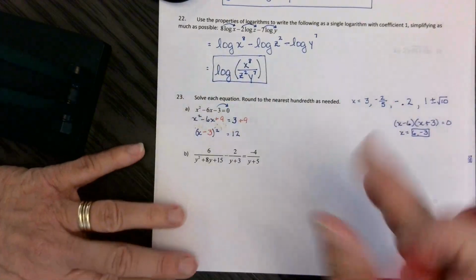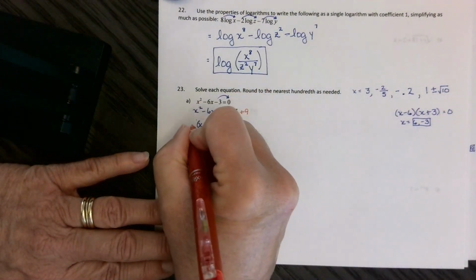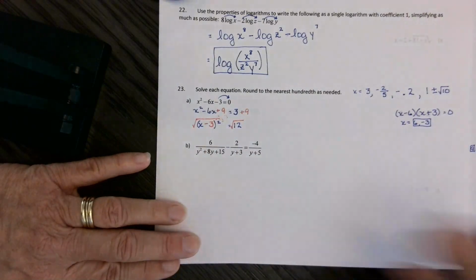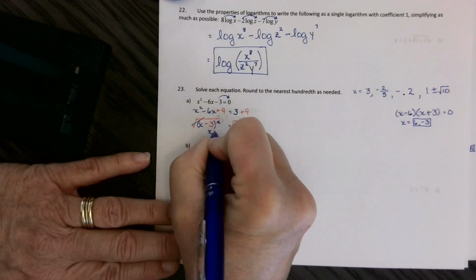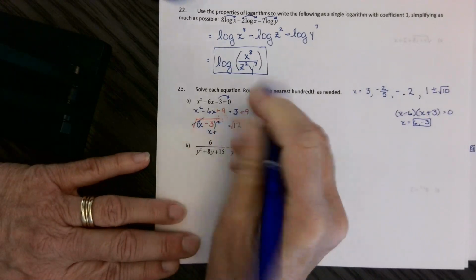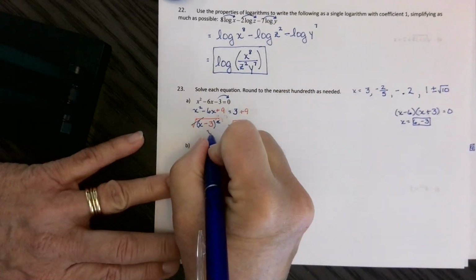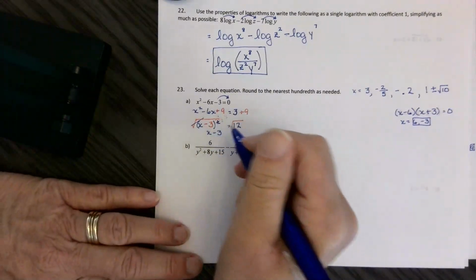The square root property says the opposite of square is square root. So I'm going to take the square root of both sides. When I do that, this cancels that out, and I'm left with x minus 3 on this left-hand side.